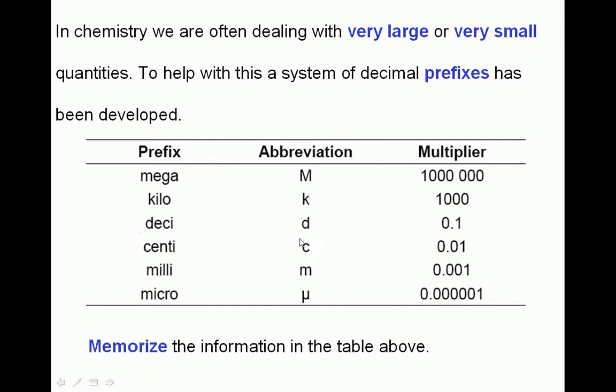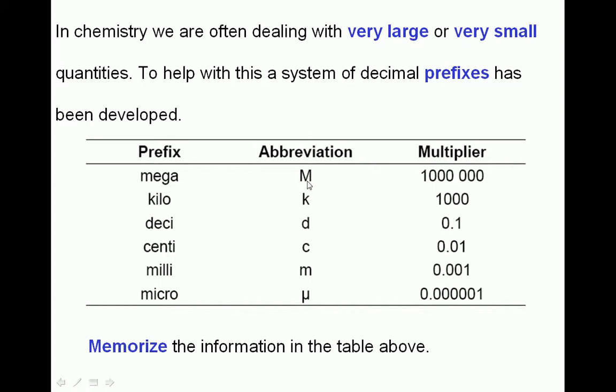Deci, which has the abbreviation lowercase d, means divide by 10. Centi, lowercase c, means divide by 100. And milli, lowercase m, means divide by 1000. And micro has the Greek letter mu as its symbol, which means divide by 1 million.